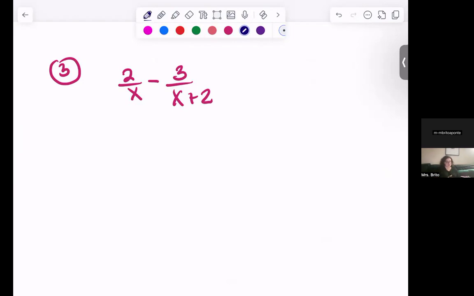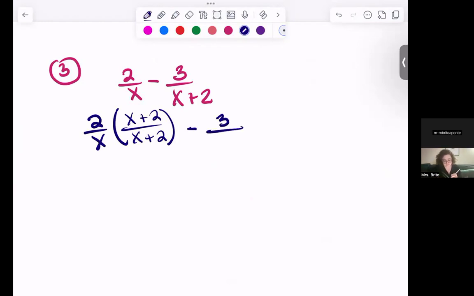But what I can do is take that first term and multiply by the denominator of that second term, which is x plus 2. And then I can multiply that second term by x over x. And you'll see where that magic happens.